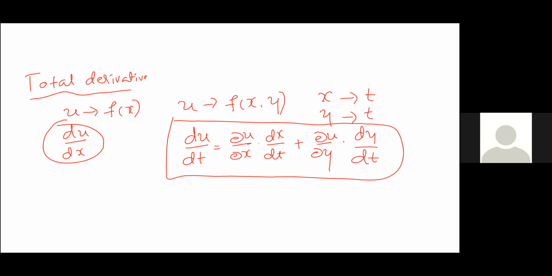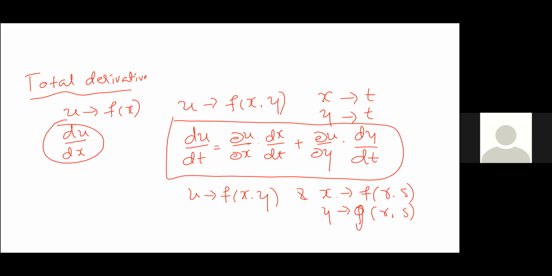Now the second condition is whenever u is a function of x, y, where x is a function of r and s, and y is also a function of r and s. Here, u is a function of the independent variables x and y, but x and y again depend on r and s.